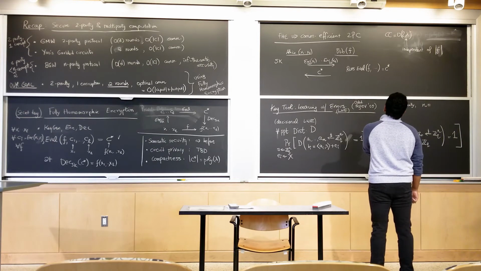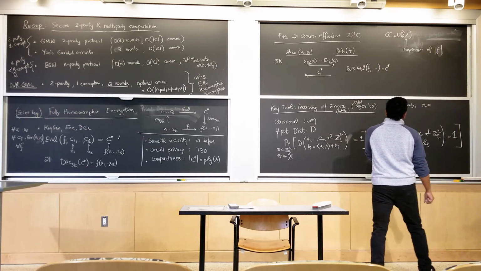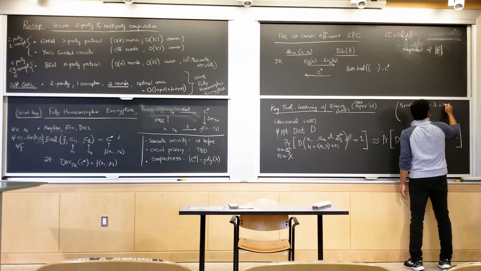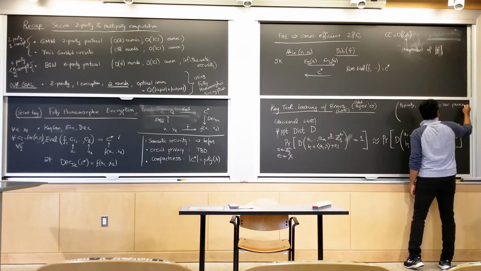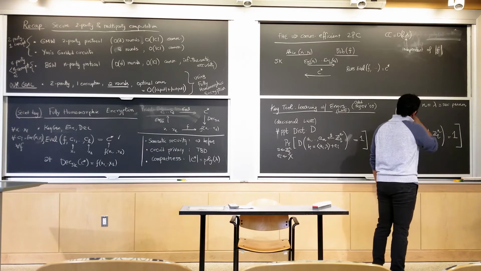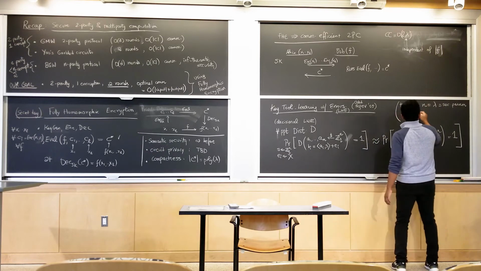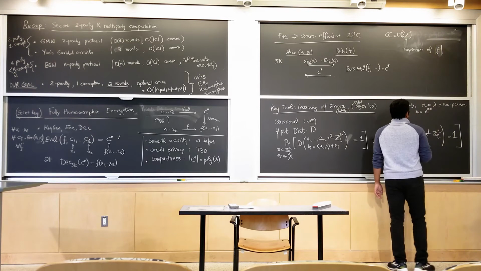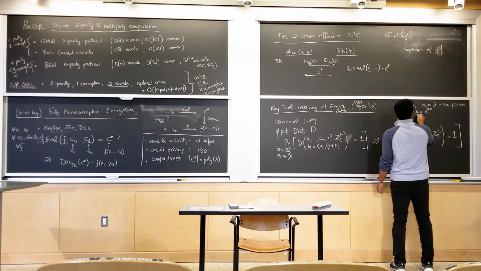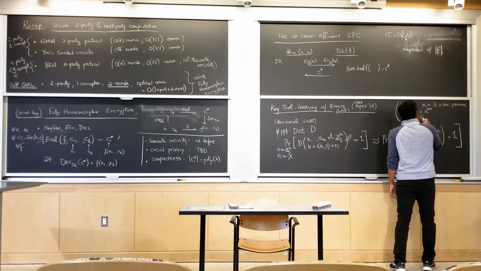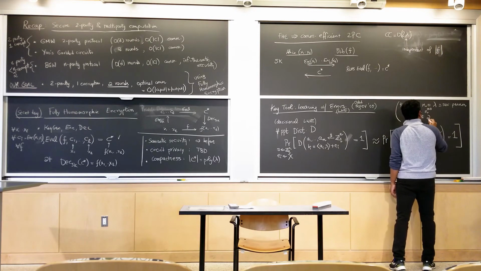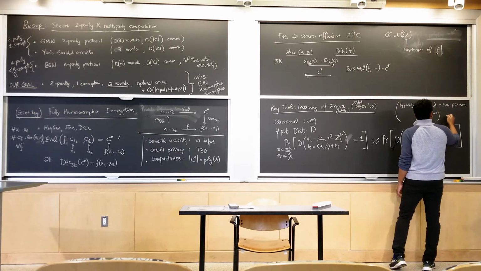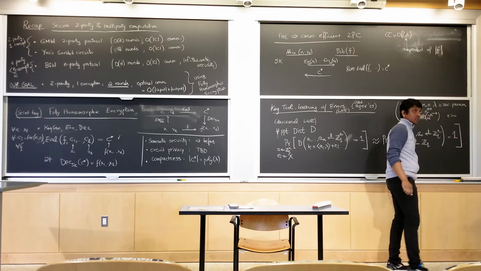I used lambda for the security parameter, so lambda is the security parameter. m is some polynomial in lambda, let's say n to the 100. q is strictly less than 2 to the n to the 1 minus epsilon, for some epsilon bigger than 0.